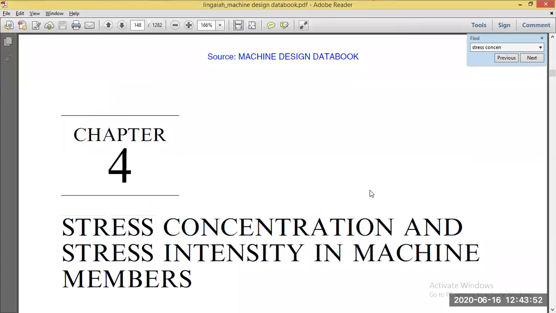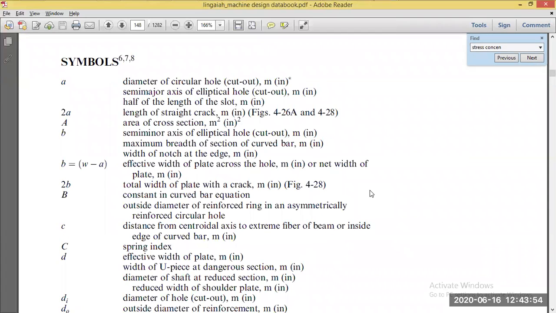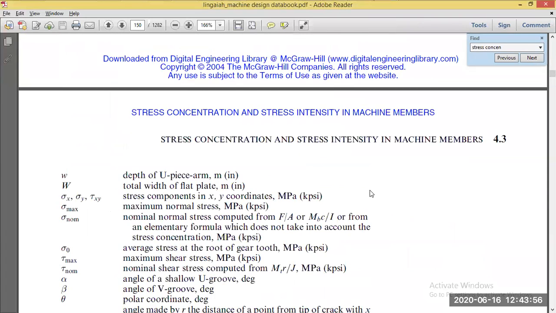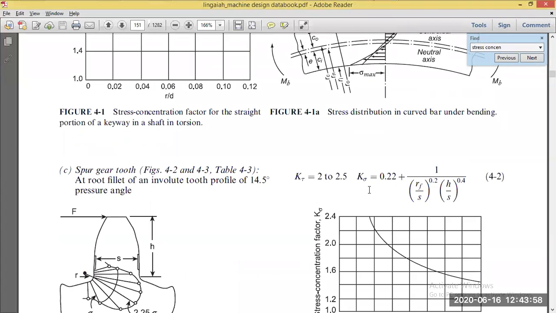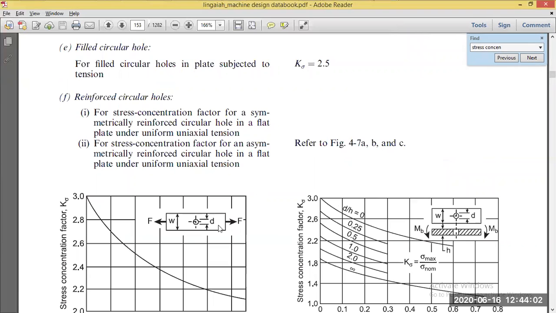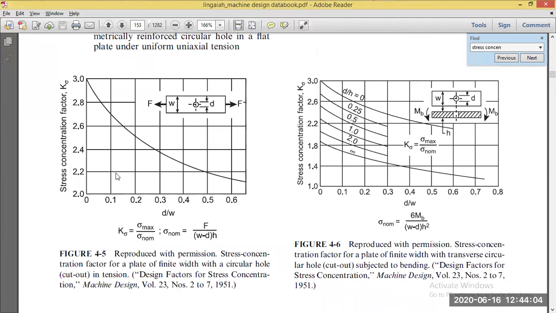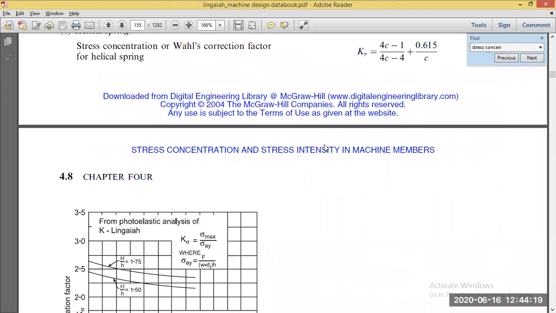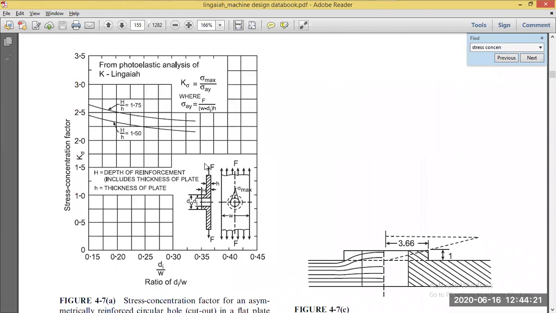It is in the 4th chapter for your information. Okay, see here. There are a series of figures. You need to refer to those particular figures, which give you the diagram and also the graph. As I told you in the previous slide, you need to refer to the figures first. There are plenty of figures with respect to each type of discontinuity.